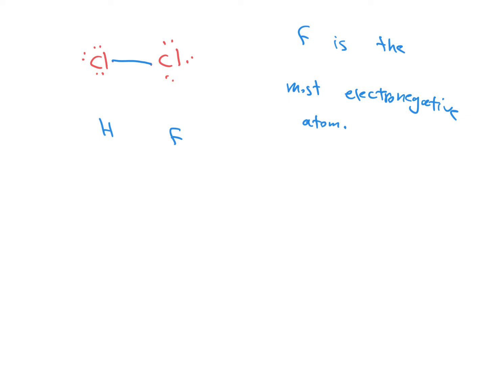Something that I always tell students to remember is that the more electronegative an element is, the less metallic character it has. And if you look at the periodic table, I always use this table from Chem 101, because you see metals, non-metals, metallic.